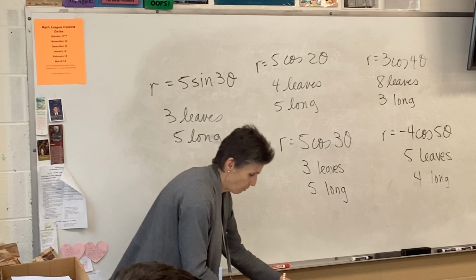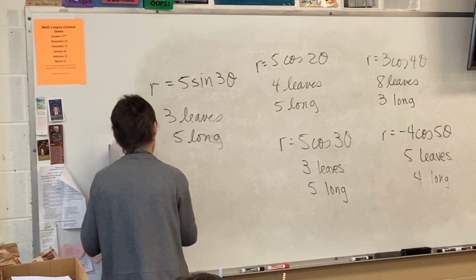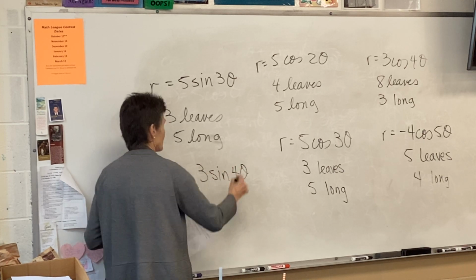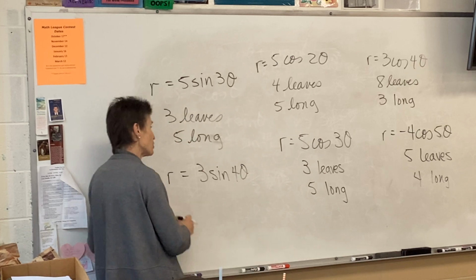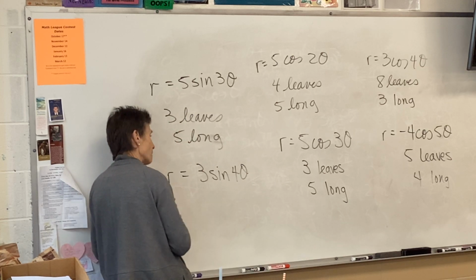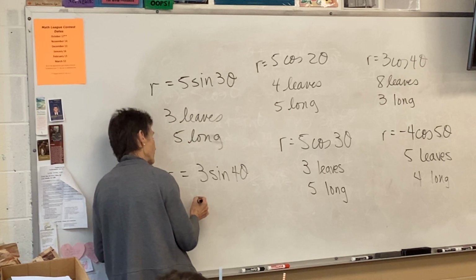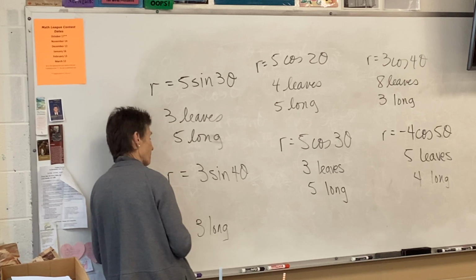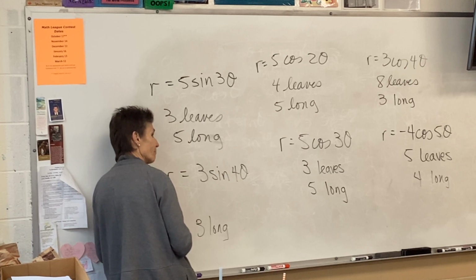Now, what about the last one in that list, which is 3 sine 4 theta? Well, I'm going to let you type these in a second. But Joe, what's your thought about this one? 3 long, and I guess 4 leaves, but I feel like that's wrong.